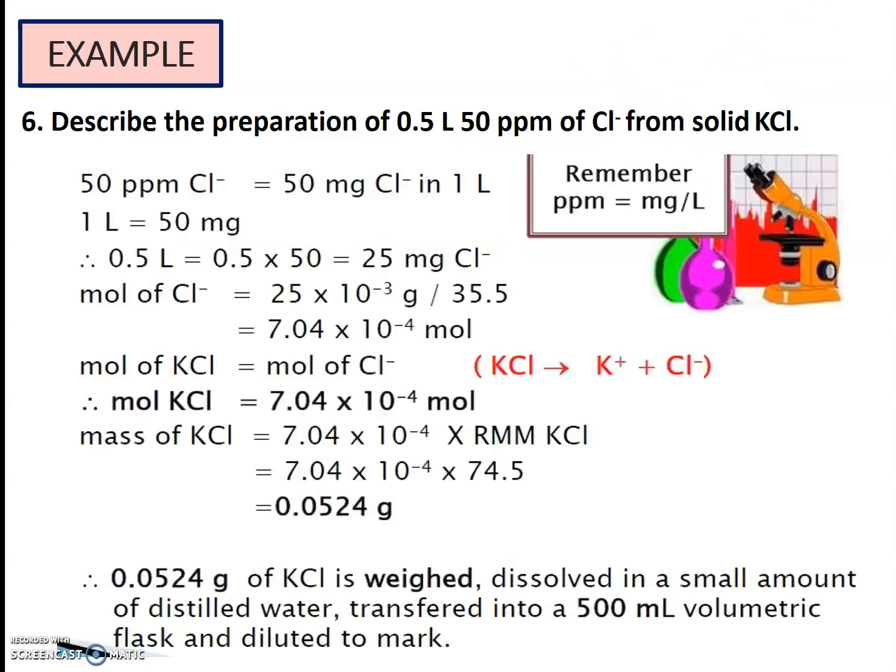If I use milligram per liter, we will compare. 50 ppm chlorine, in 1 liter there are 50 milligram chlorine. If 500 ml, we will get 25 milligram chlorine.